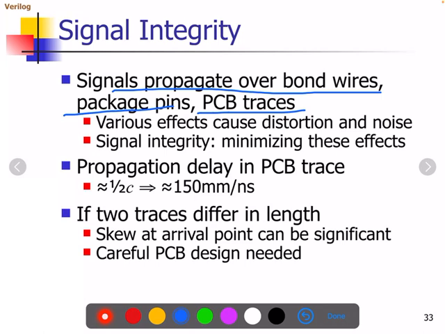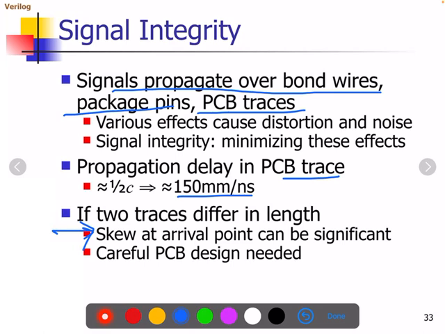Okay, so propagation delay in a PCB trace is around 150 millimeter per nanosecond, and in case two PCB traces, that means two connections on the PCB, have different lengths, then there will be a skew between the expected clock value and the actual clock value.